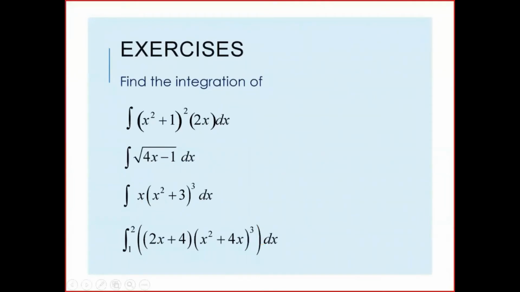Now I want you to try, did you try the questions here? No, not yet. Now I want you to try these questions. Question number 2 and question number 4. I will proceed to discuss with you in a short while. I want you to try first.